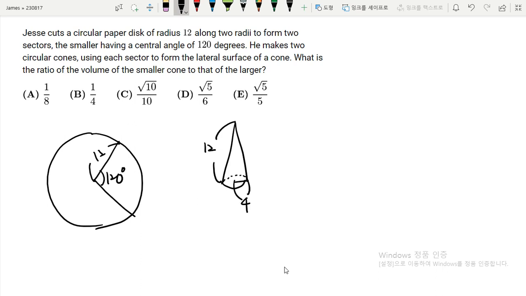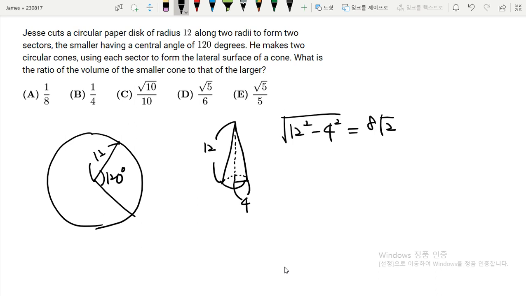And then to find the height of the cone, we are using the Pythagorean theorem. So height of this cone is a times square root of 2.